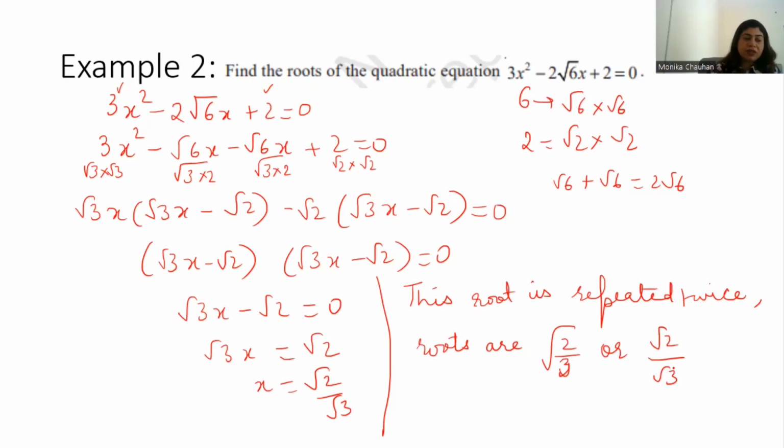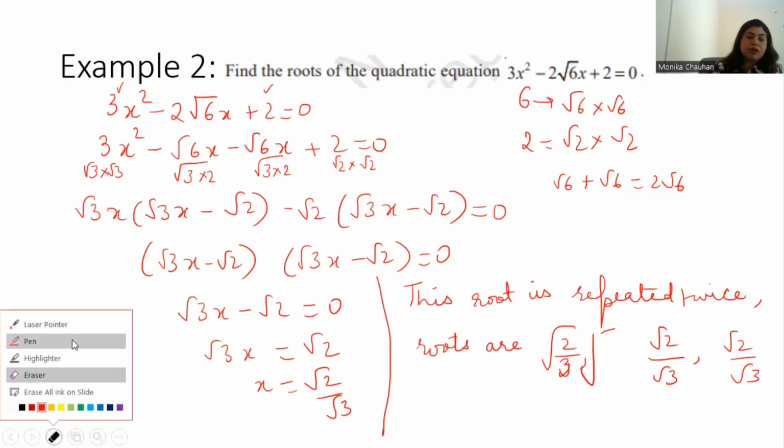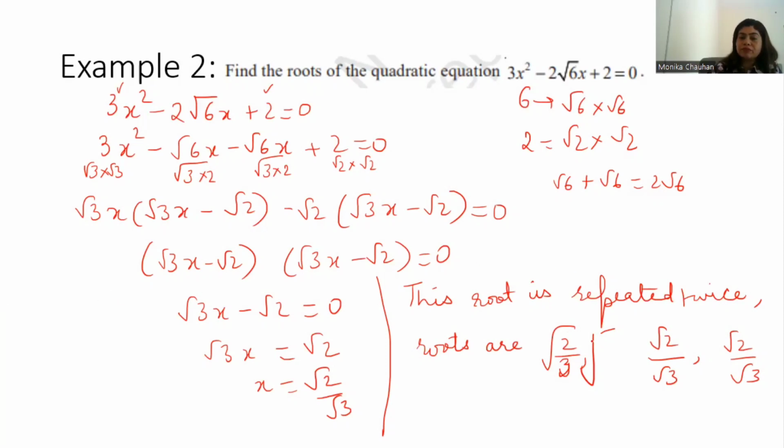Both are correct. So the roots are root 2 upon root 3, or root 2 upon root 3. Both are correct. This is our answer.